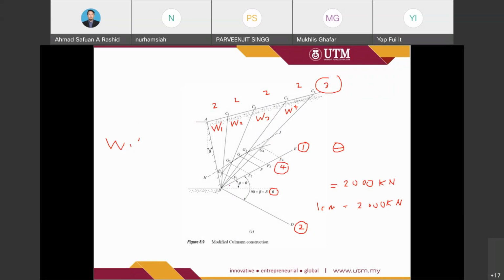then by using the same scale that we have proposed, draw a line, for example, B to F1, which represents the W1 prime value, and F1 to F2 represents the W2 prime, and F2 to F3 represents W3 prime, and W4 prime represents F3 to F4.